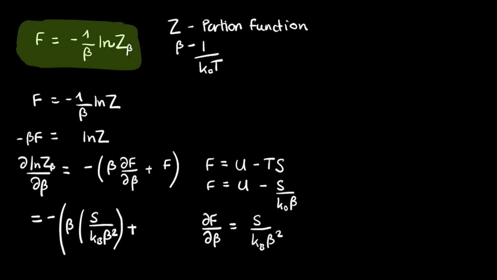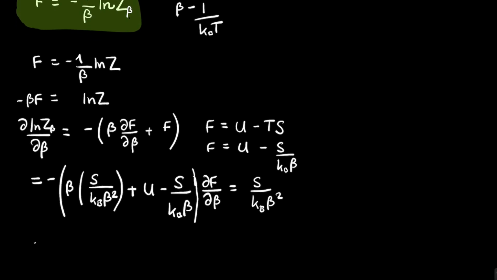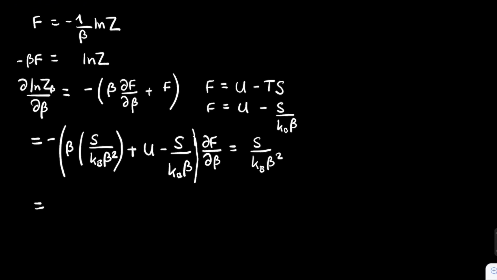Plus F. Well, F is U minus S over kB beta. So that is what F is. So now all we need to do really is tidy this equation up, and we can see that one of the betas will cancel, this down to S over kB beta plus U minus S over kB beta.